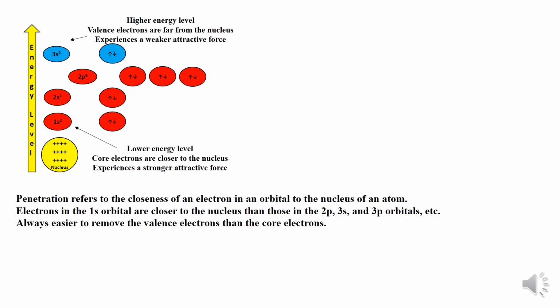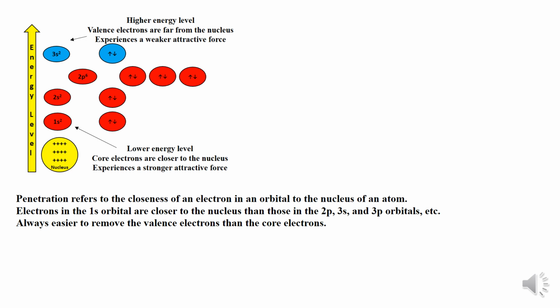So, penetration refers to the closeness of an electron in an orbital to the nucleus of an atom. The closer the orbital to the nucleus, the more the penetration effect. For example, electrons in the 1s orbital are closer to the nucleus than those in the 2p, 3s and 3p orbitals.